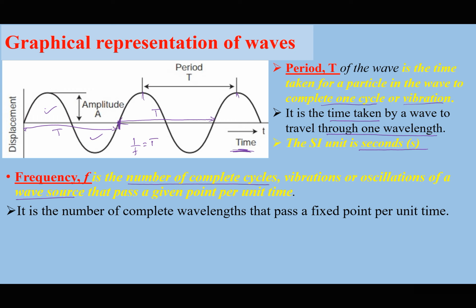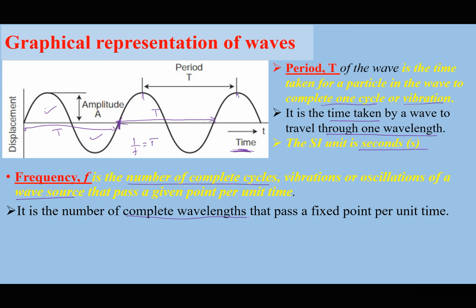For example, here I have 2.5 cycles, so I would say the frequency is 2.5 cycles in a given time t. So the number of complete wavelengths, because each wavelength is a full cycle, per unit time is going to be called the frequency.